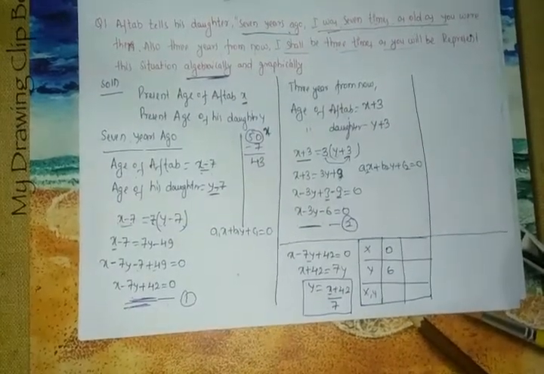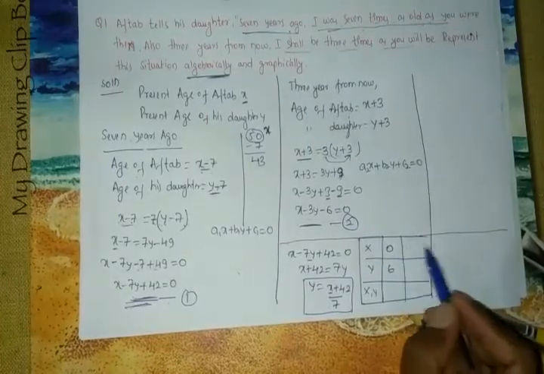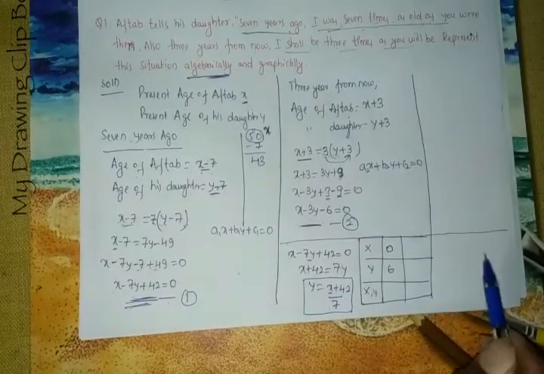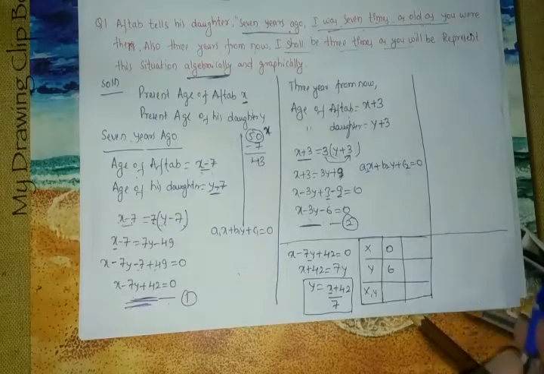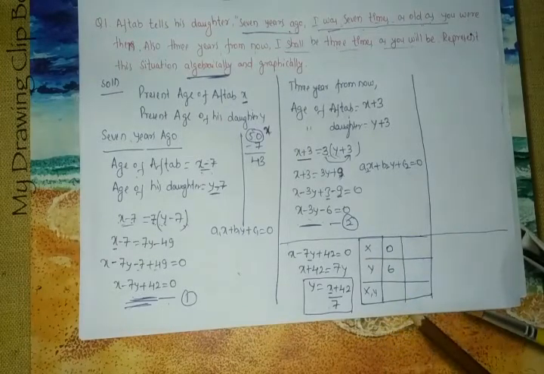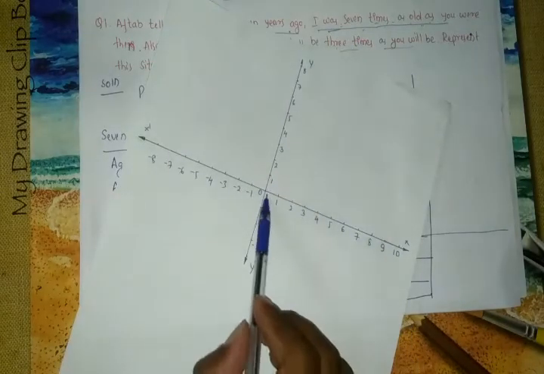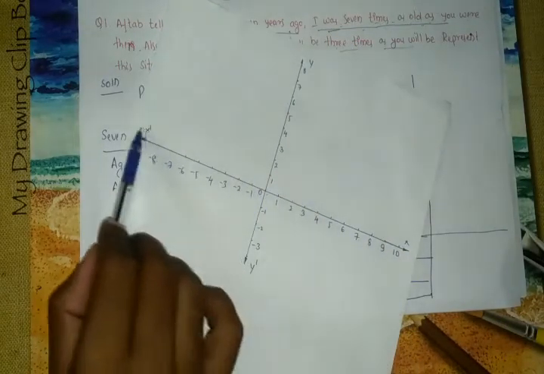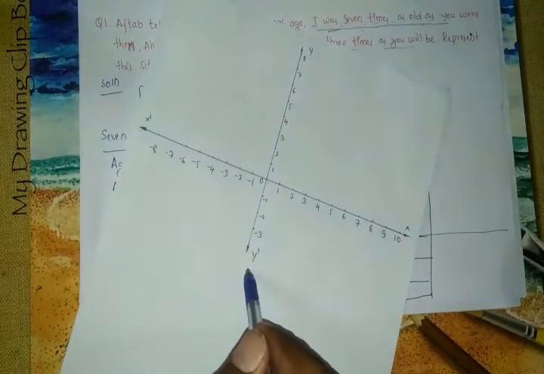Now one more point is required. For that I can go with any random values, but whenever I want to plot a graph with 2 points, I need to put a value in such a way that the points come in my area of the graph. What I mean to say is, this is the graph. This side is positive x-axis, this is negative x-axis, this is positive y, and this is negative y.